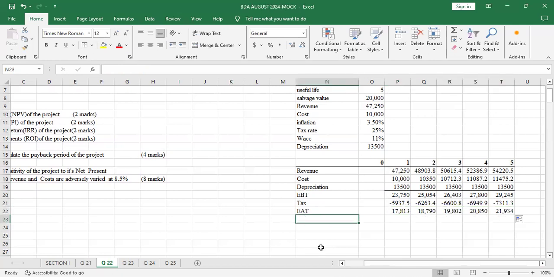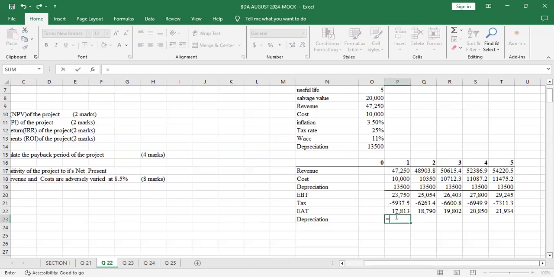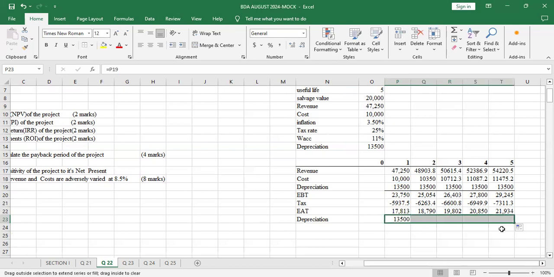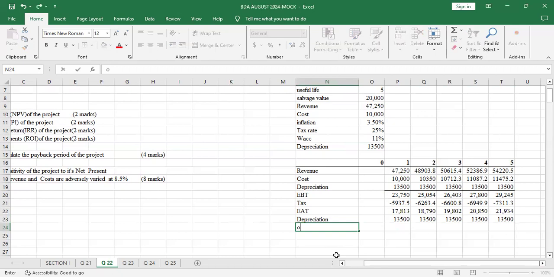Then you'll have to add back the depreciation. So you add back this depreciation. Yeah, so you just come here and you pick the values the way they are and you drag. Then this will now give you the operating cash flows.